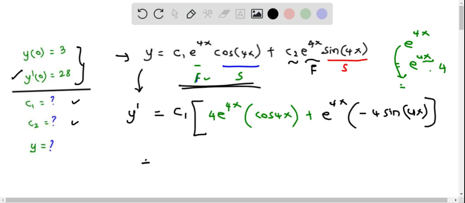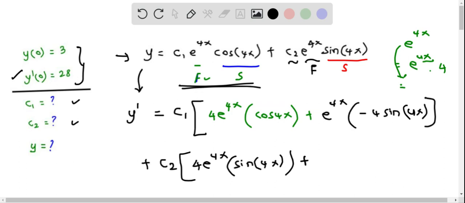So therefore, I put C2 times the derivative of the first, that is e power 4x, which is 4e power 4x, times the second, that is sine of 4x, plus we put the first as it is, that is e power 4x times the derivative of sine 4x. So the derivative of sine 4x will be cos 4x, and then when we apply the chain rule, we find the derivative of 4x, which is 4. So this is 4 cos 4x.